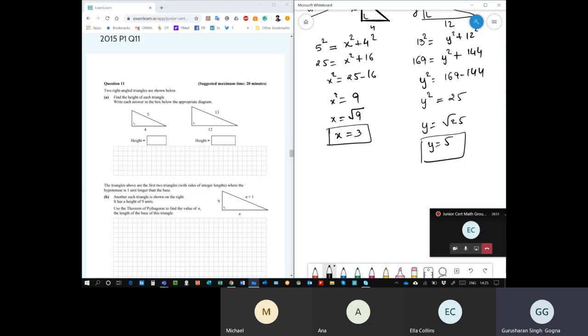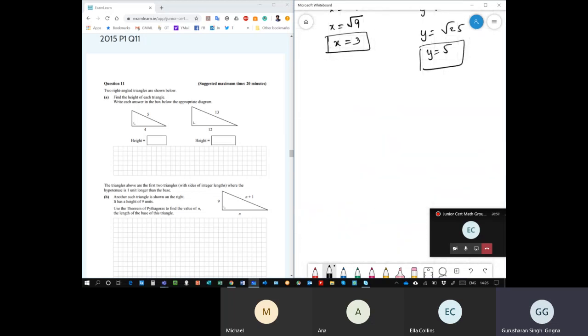Okay, so in this way, you can apply the Pythagoras theorem to find any side if two sides are given. Part B of this question: the triangles above are the first two triangles with sides of integer lengths where the hypotenuse is 1 unit longer than the base.